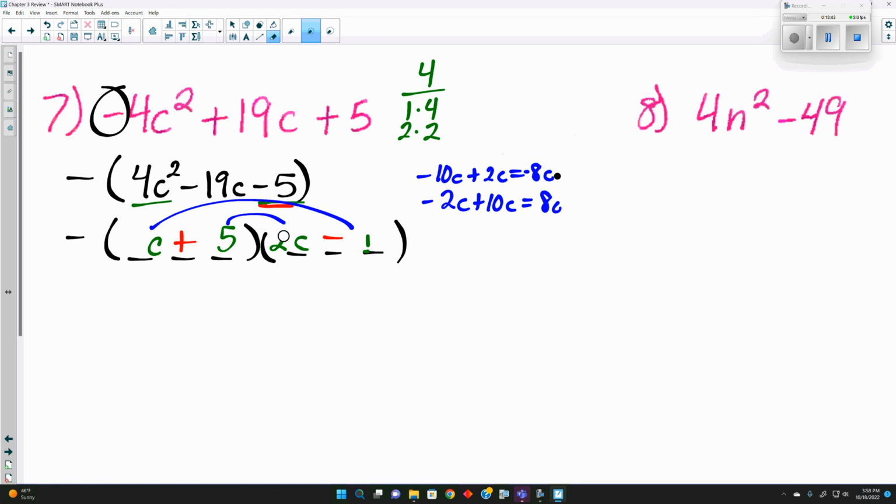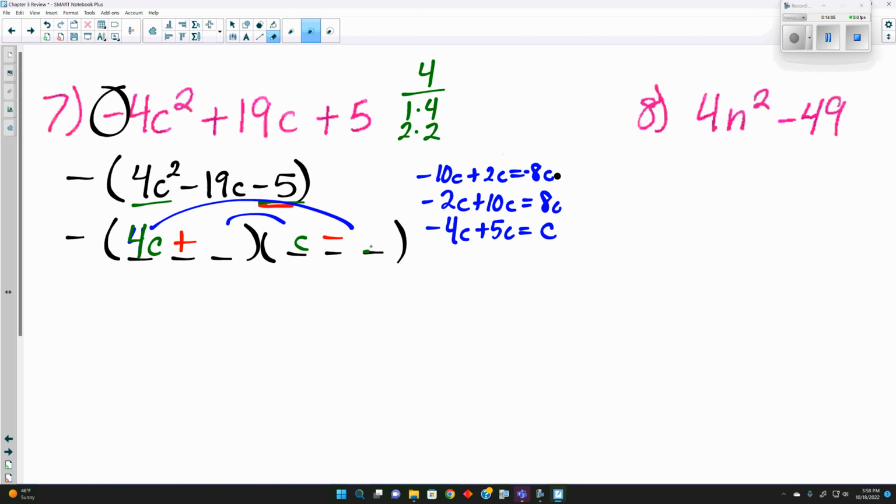So this time, instead of switching the 1 and 5, we can switch the factors of 4 and do 4 and 1. And try it again. 4c times -1 is -4c. 5 times c is going to be plus 5c, which gives us a positive c. And again, that's not what we want.